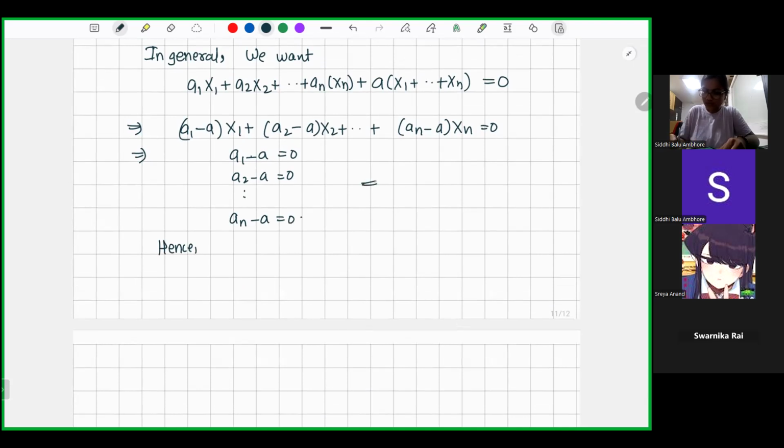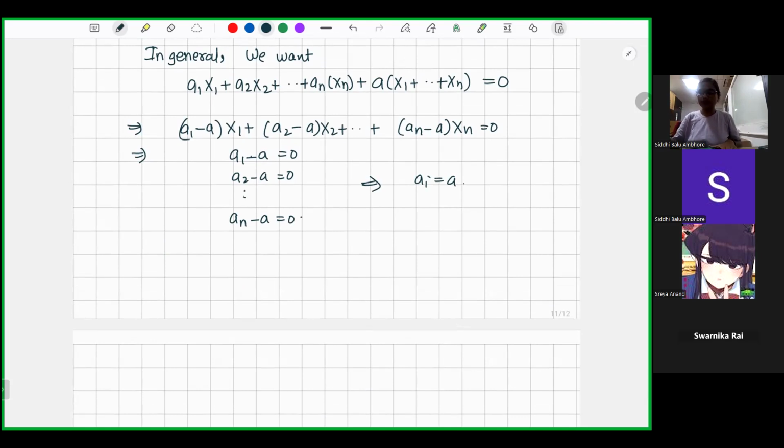So this will imply that ai is equal to a. This is true for any ai.